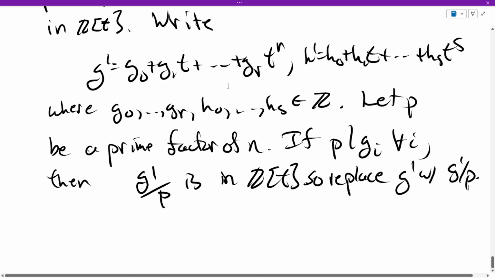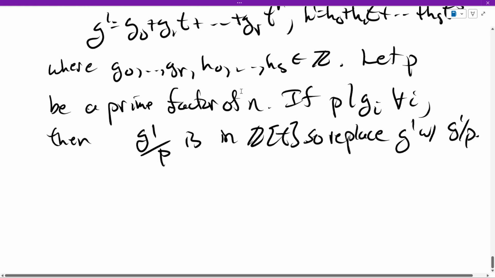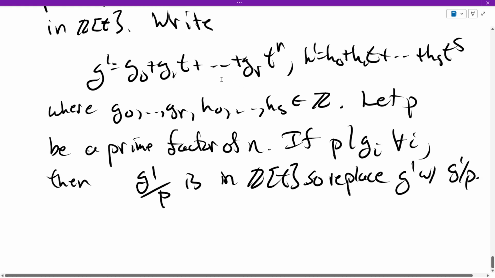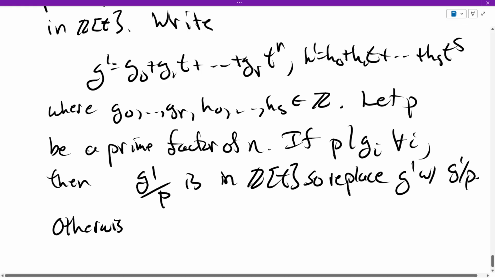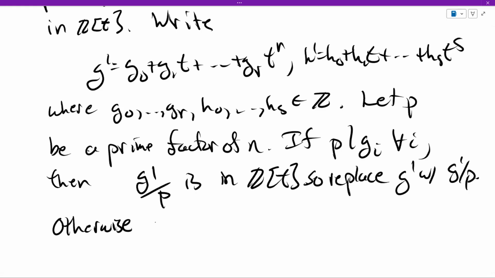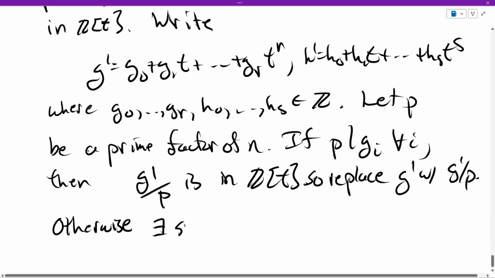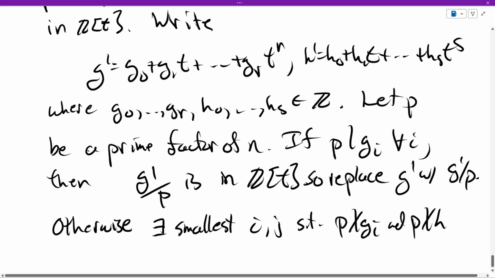All right. So what can happen? Well, if P doesn't divide all the coefficients in G and P doesn't divide all the coefficients in H, there exists a first coefficient in G and a first coefficient in H. So there exist smallest i and j such that P does not divide Gi and P does not divide Hj.